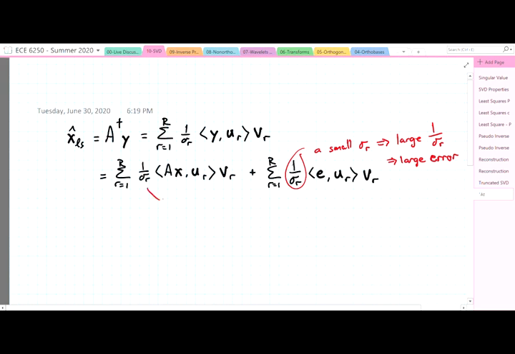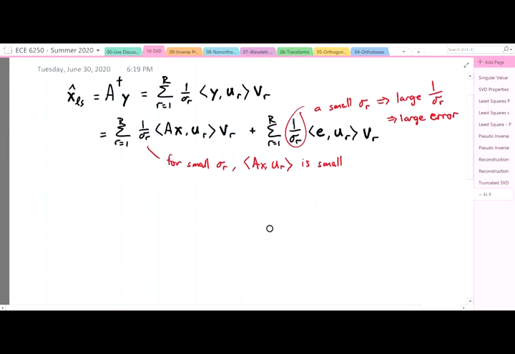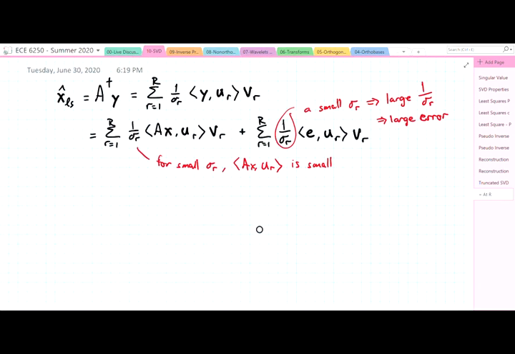Well, for small sigma R, AX correspondingly is small. Actually, technically it's AX projected onto UR is small. So they cancel out, and we don't have a problem there. So now we can finally look at what happens when we get rid of the offending smallest sigma R.